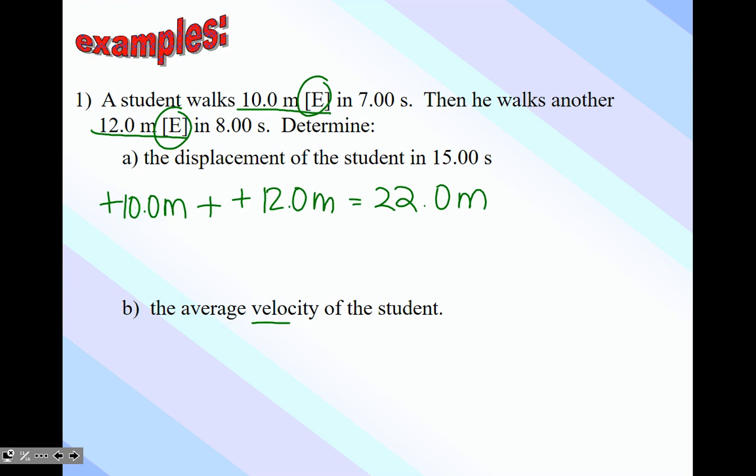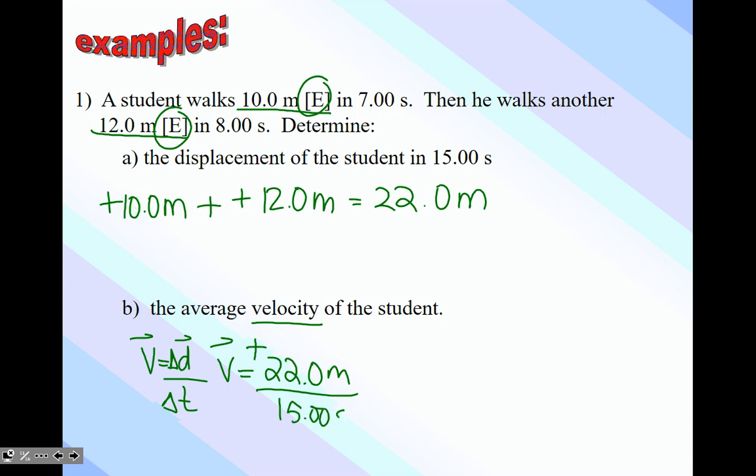The average velocity of the student: write our formula, displacement over change in time. Our average velocity is equal to our displacement, positive 22.0 meters, over our time, which is 15.00 seconds.